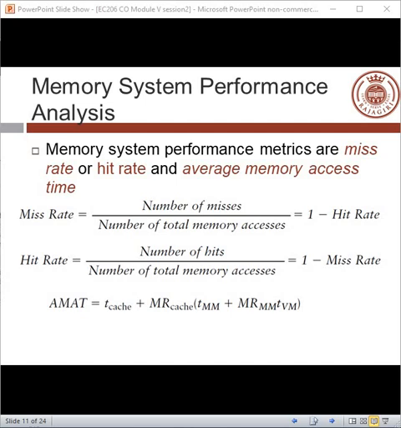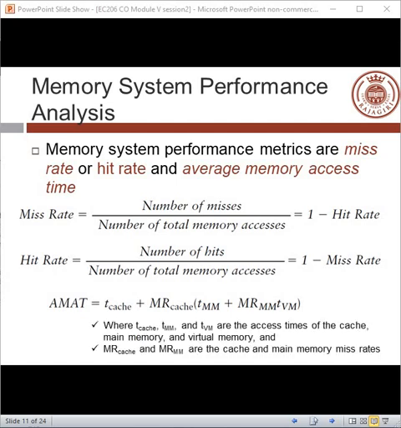So if data is not there in the main memory, we will have a miss rate for main memory, called MR MM. If there is a miss in main memory, we need to access virtual memory, which is T VM. Where T cache, T MM, T VM are the access times of the cache, main memory and virtual memory. MR cache and MR MM are the cache and main memory miss rates.